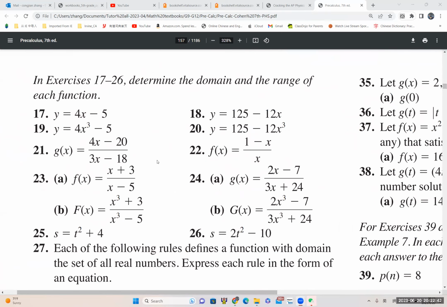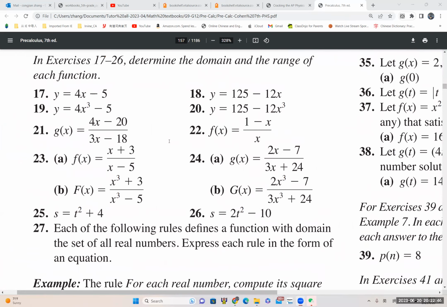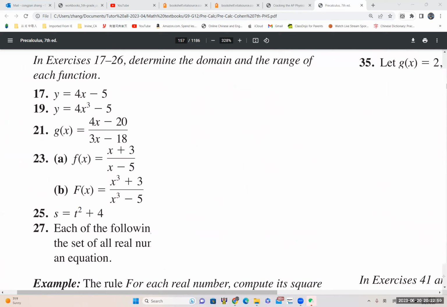Determine the domain and the range. 21. Let me give you space. Yeah, you can write your answer here. 21.